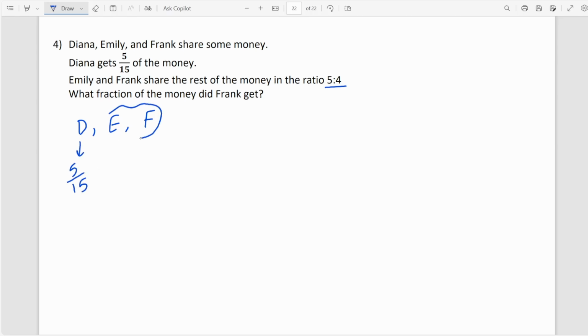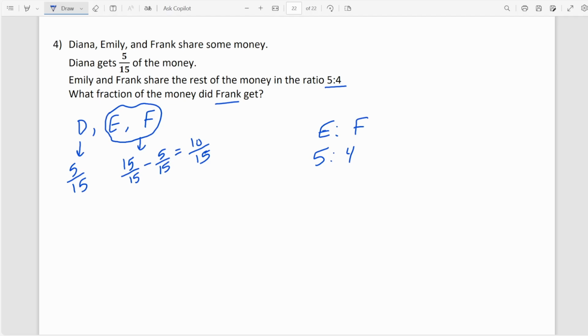So this leaves Emily and Frank to share 15 over 15 minus 5 over 15, which is 10 over 15. So this is the amount that Emily and Frank will share, and they are sharing it in this ratio. So Emily to Frank, they're sharing it 5 to 4. So we're being asked what fraction of the money did Frank get?